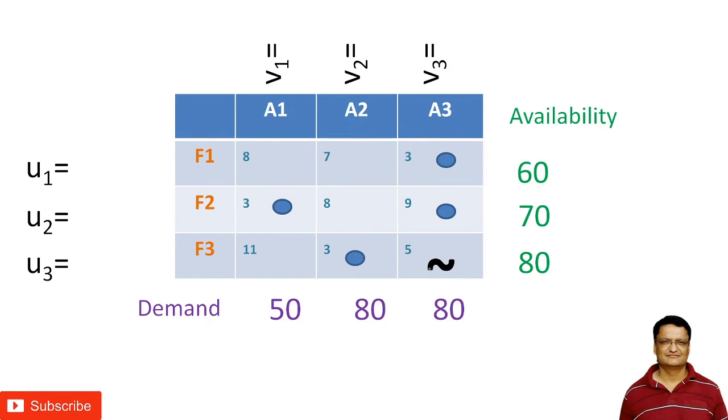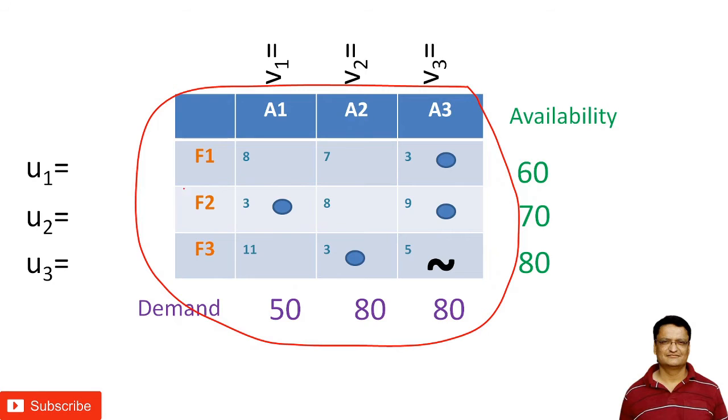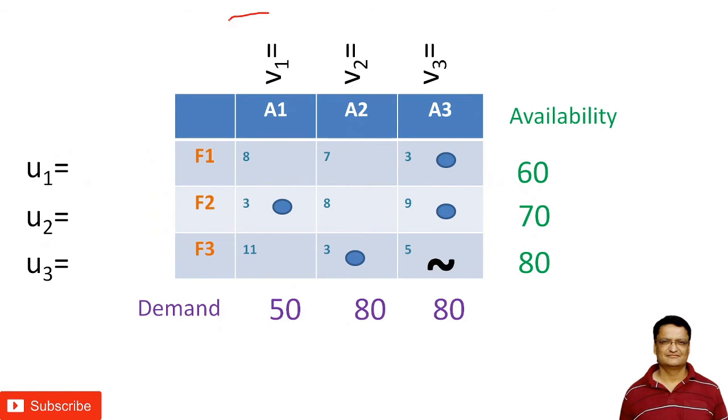In order to apply the Modi method, we all know that we have to regenerate this matrix, right? And I will need to add these dual variables. So these are the three dual variables which correspond to the three rows, u1, u2 and u3, and there will be three more dual variables corresponding to the three columns, v1, v2 and v3.